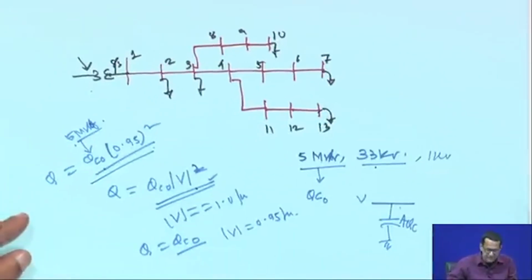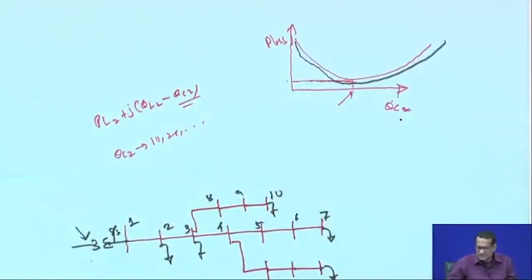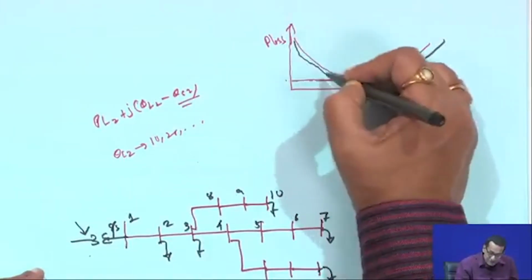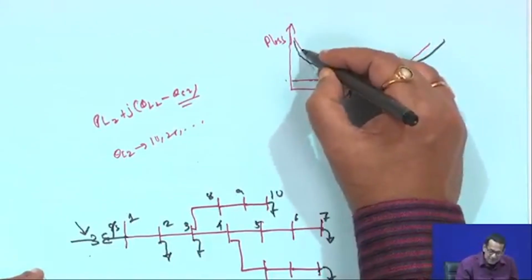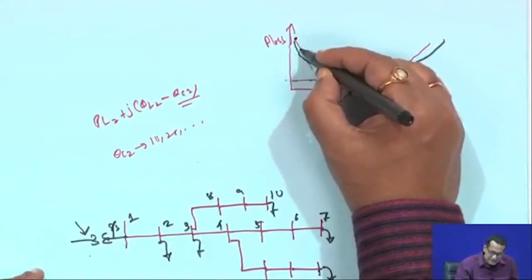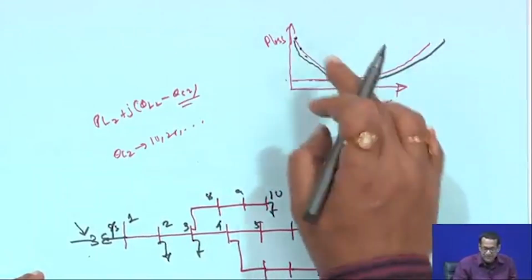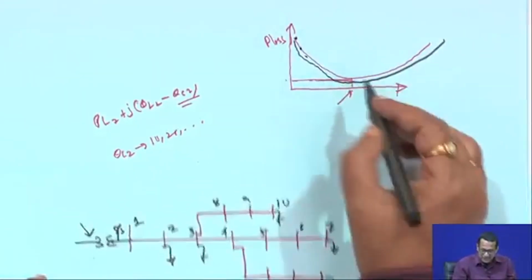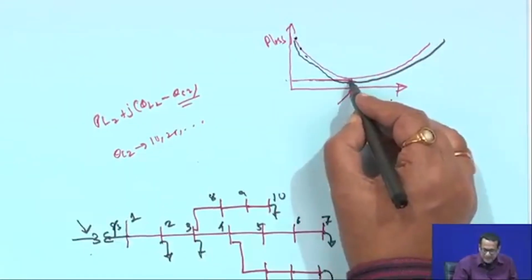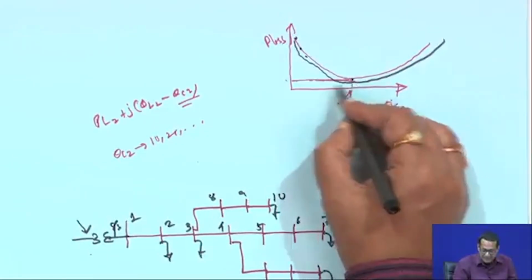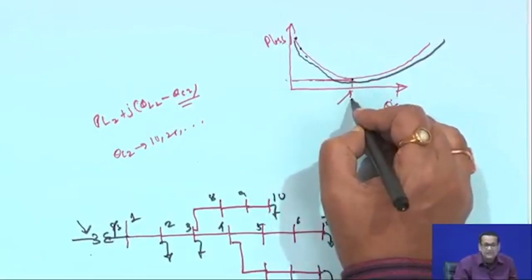When you write the code, you have to see that this loss is decreasing. This is the first point, this is the second, this is the third. If you take the difference of the current minus the previous, it will be negative. As long as the difference is negative, it is decreasing. As long as it is positive, you stop at the previous point, and that is the QC2 value, and this is the loss.